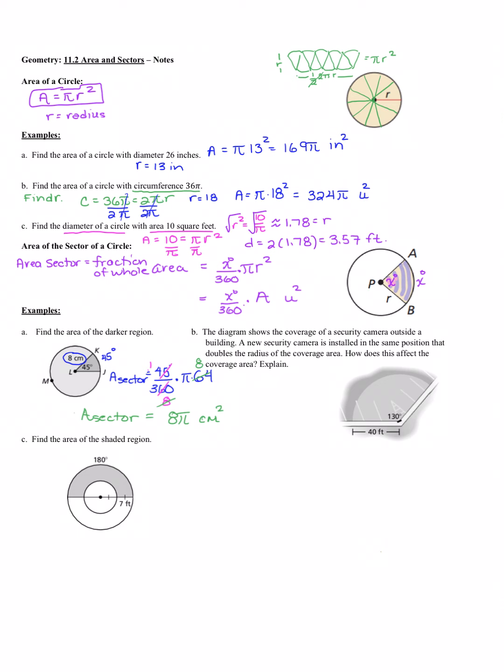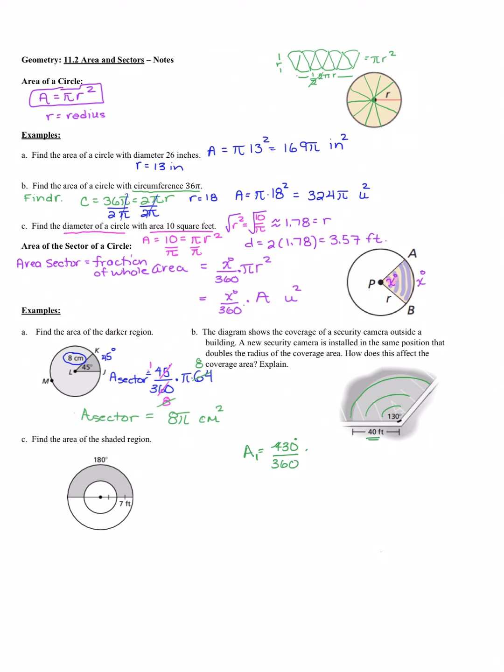So let's figure out what's being covered first. I'm going to call that area 1. And that's going to involve just this shaded region with a radius of 40. So that's going to be 40. Oh, that's my radius, sorry. So that's a central angle of 130 out of 360.